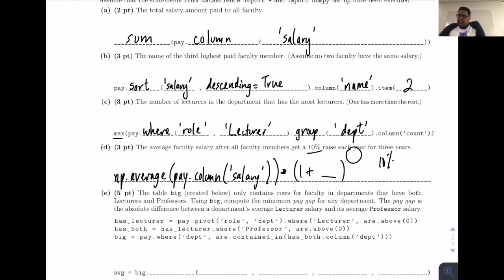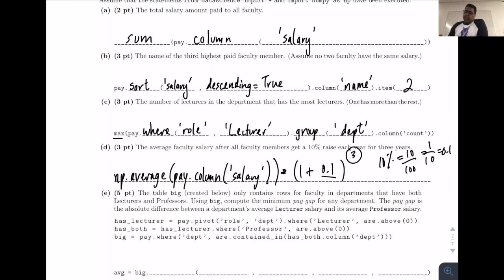So 10%, that's equal to 10 out of 100, or 1 out of 10, or 0.1. So I'll write this as 1 plus 0.1. And we're doing this 3 years, right? So after the first year, they'll get a 10% increase, and then after the second year, another 10% increase, and then after the third year, another 10% increase. So we have three 10% increases, which simplifies to 1 plus 0.1 to the exponent 3.